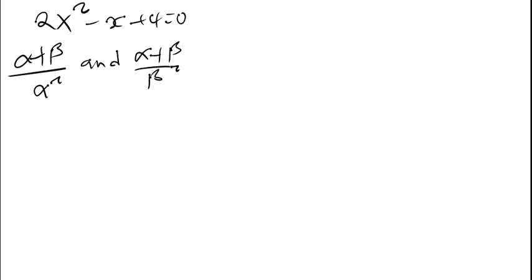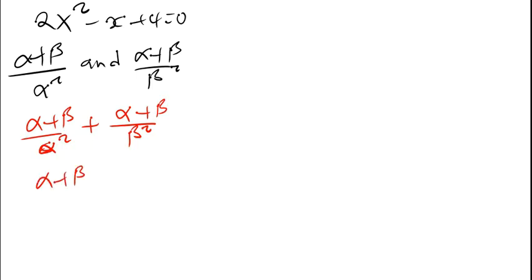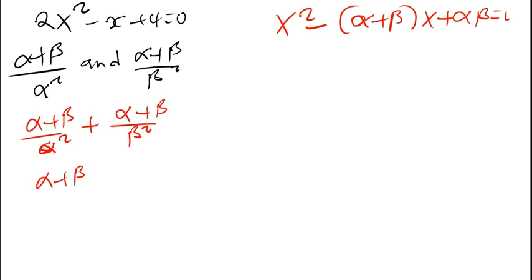Now they want you to find the equation whose roots are these. So when you have got these, they want you to add them first. Another one, they want you to multiply. Because we're talking about sum and product, the equation is given by x squared minus (alpha plus beta) times x plus alpha times beta is equal to 0. This is the sum and this is the product.